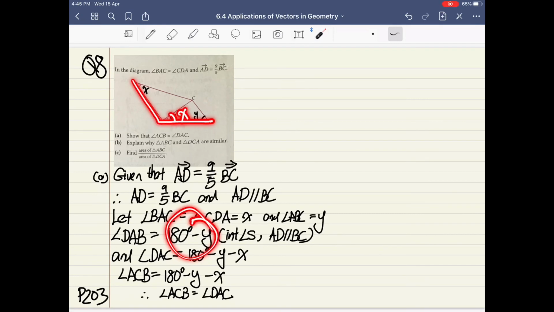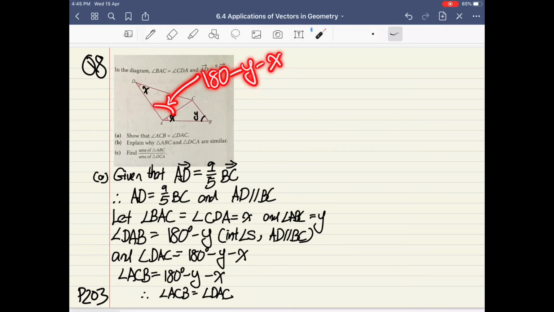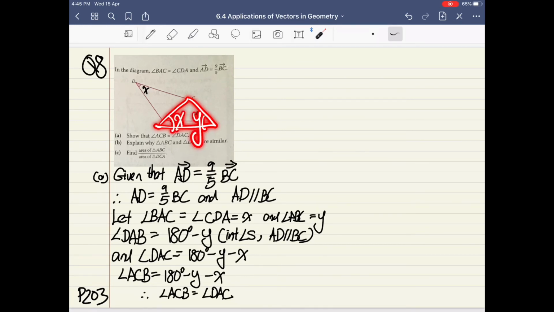Then we know the angle DAC is equal to 180 minus y, as we found over here, minus x. So this angle over here is 180 minus y minus x.